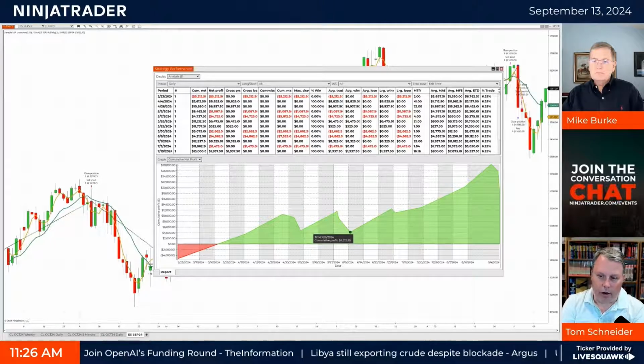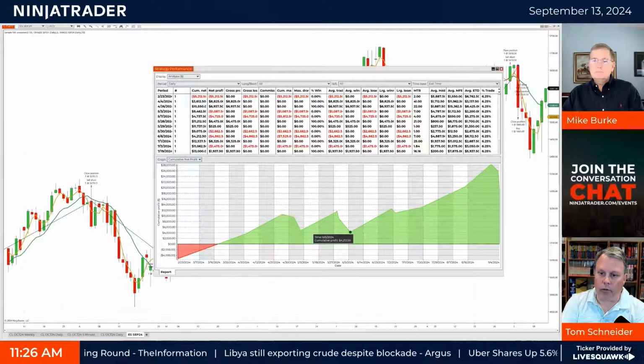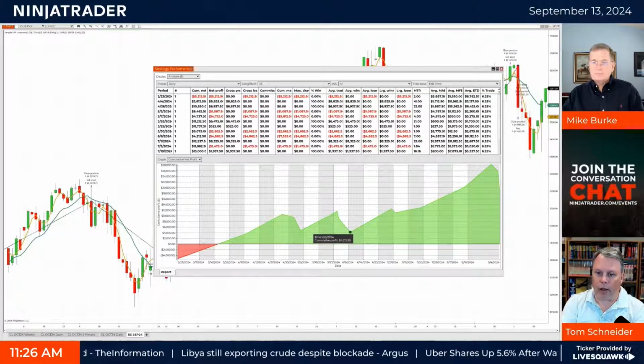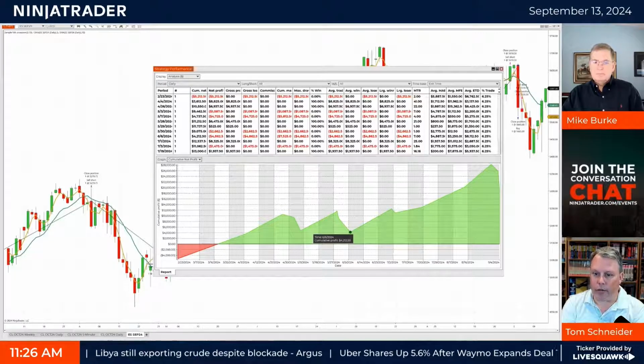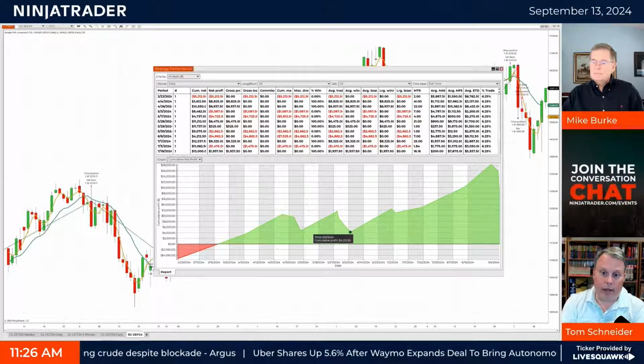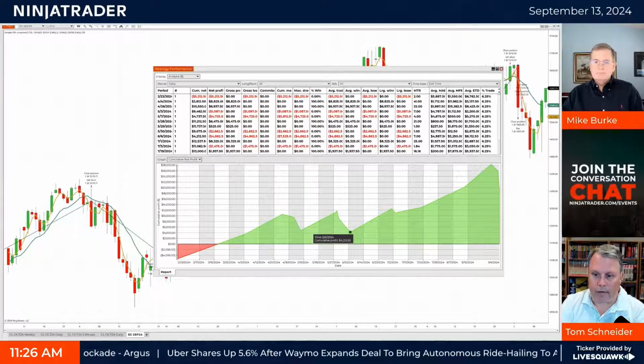Right. Very good explanation. And that could be out of the gate, right? If you know that the maximum drawdown is X thousand or X hundred or whatever your scale is, then that could set your risk for the start of trading a system, right?